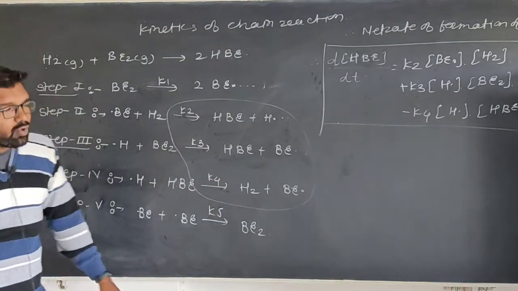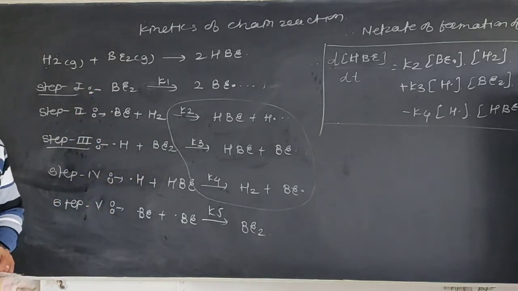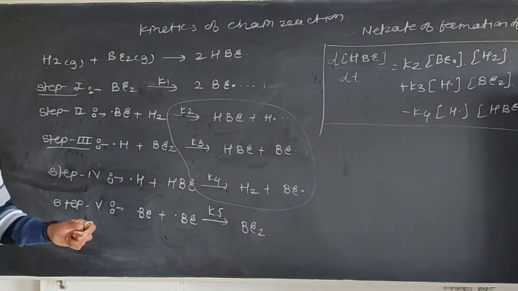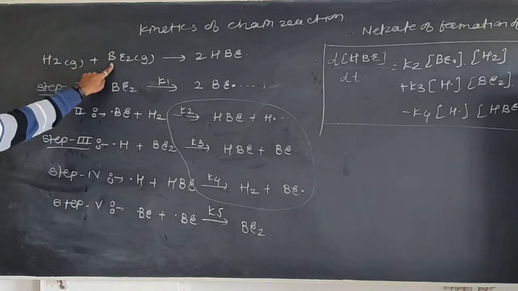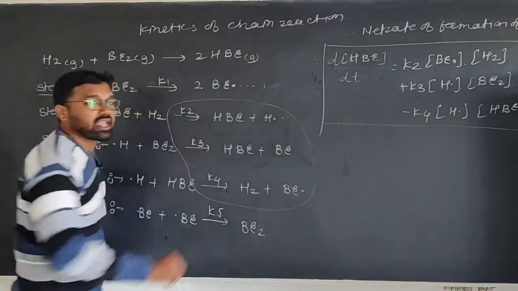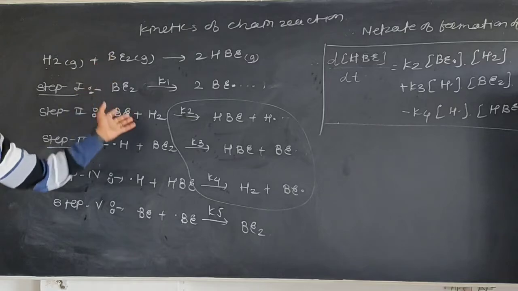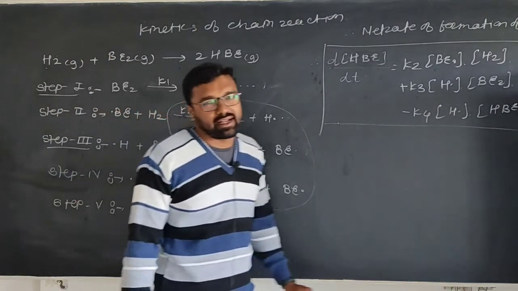Now see, from this step you have to consider the steady state approximation, because while you examine this reaction, H2 gas and Br2 gas, there is a formation of HBr as a gas. In this step there is no use of Br dot, that is bromine and hydrogen free radical.